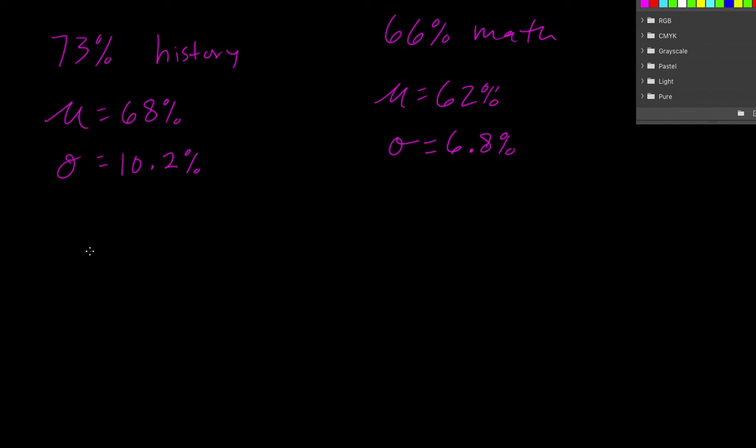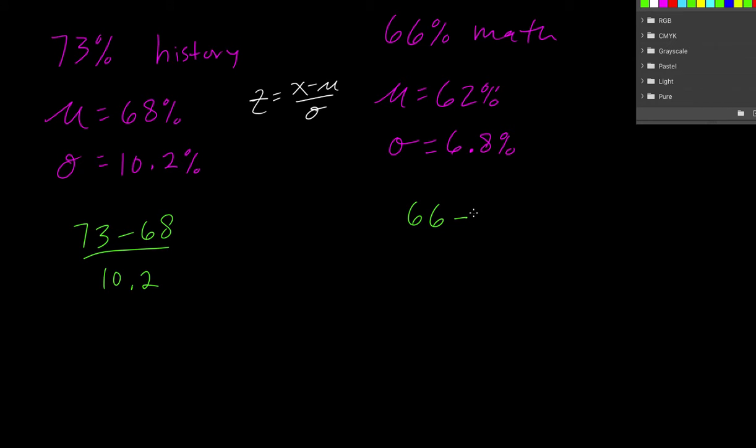Okay, so if we're looking at history, once again, let me write this down. We're using the z transformation. And so in history, she got a 73%. We subtract the mean, and then we divide that by the standard deviation. Okay. Over here, we'll do the same thing. She got 66.